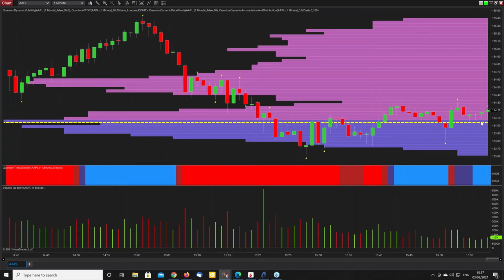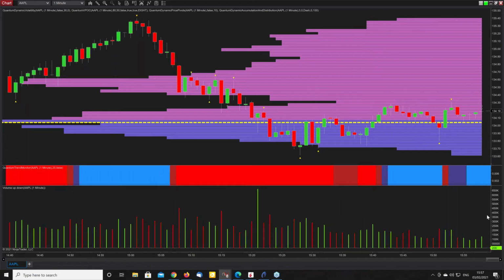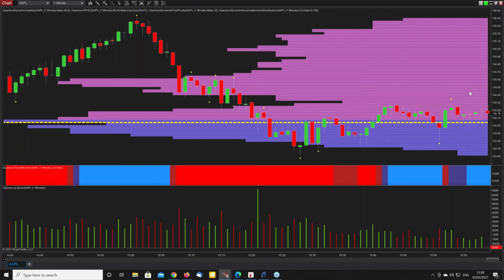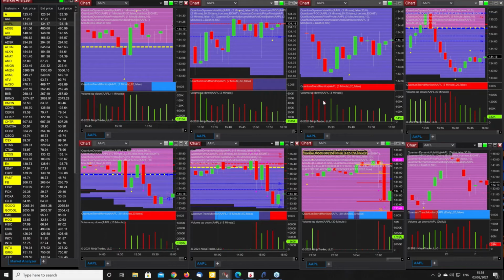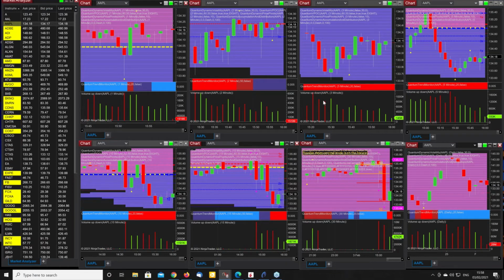Once it breaks away from this region, what we're looking for is obviously a rising market. We want to see it associated with rising volume, and that will give us confirmation that we are breaking away from a congestion phase. Trading from a congestion phase is a perfectly valid tactic. If you have the patience to sit through congestion, it's absolutely fine.